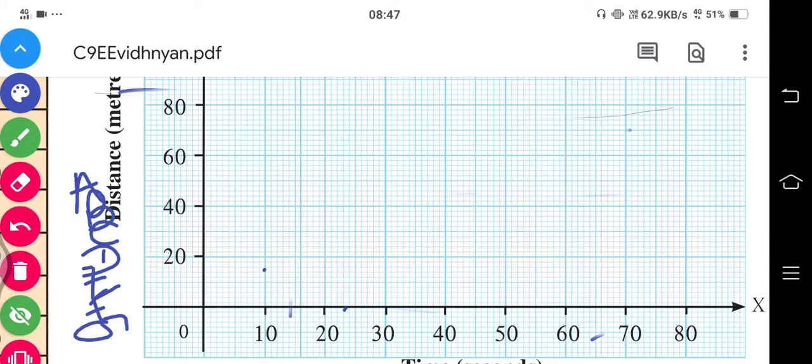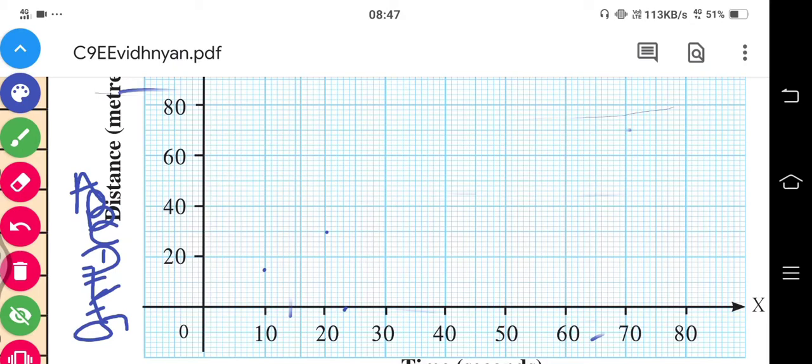Next, time is 20 seconds and distance is 30 meters. So 30 meters is here, above 20, approximately here. It is above 30 and below 40, correct. After that, time is 30 and distance is 45.